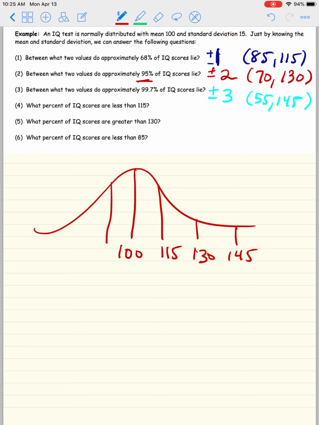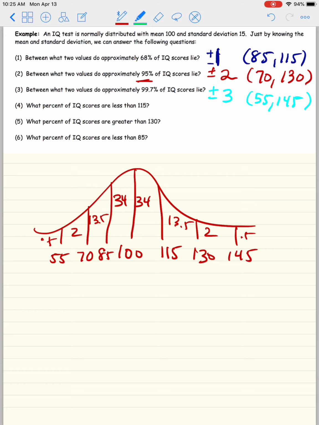And then I'm going to take it away 3 times. So that's going to be 85, that's 70, and that's 55. We know that this is 34% and this is 34%. We know that this is 13.5 and this is 13.5.